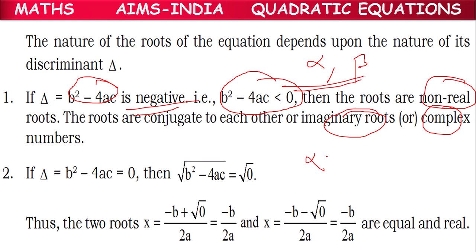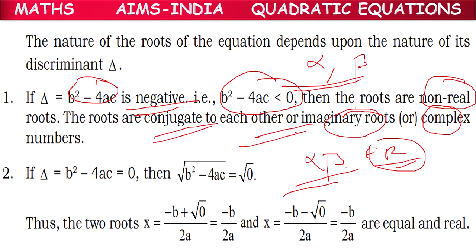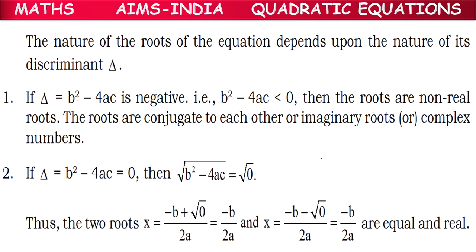But if you take their product, it belongs to the real numbers. So they are called conjugate to each other. If we multiply two imaginary numbers and their product is a real number, they are said to be conjugate to each other.